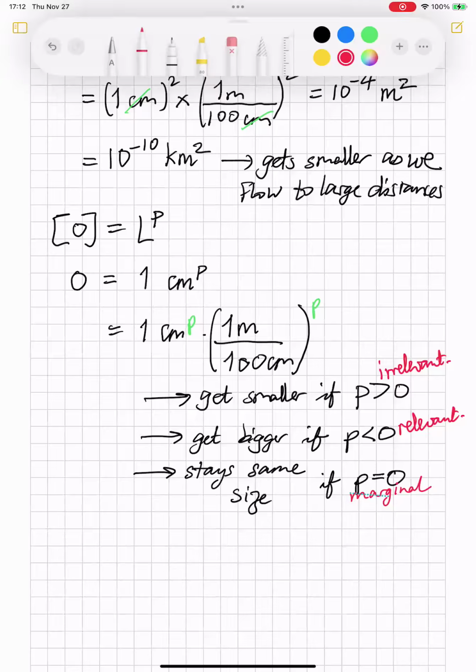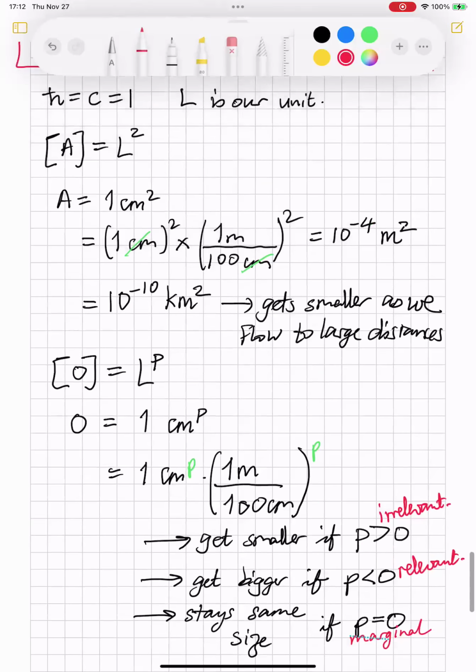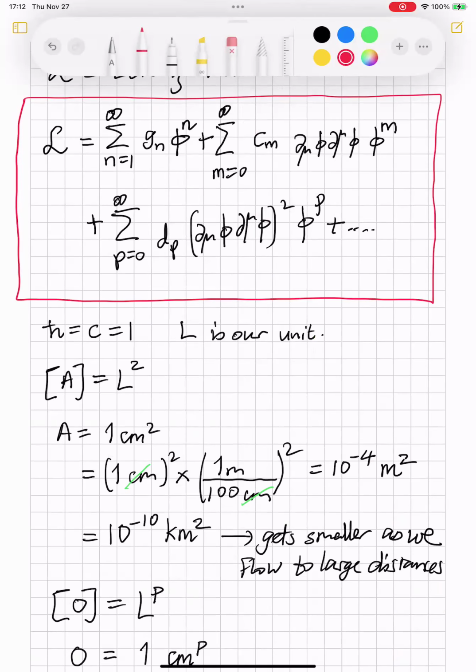So let's imagine that we're somewhere close to weak coupling. Then we can take this analysis and investigate this Lagrangian and figure out how many relevant parameters it has, how many irrelevant parameters, and how many marginal parameters. And this is going to give us some good insights into what the long distance effective theory is. So that's what we're going to do next.